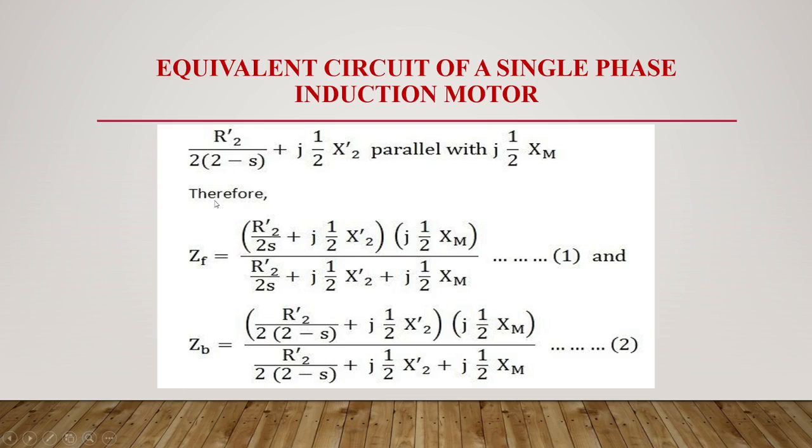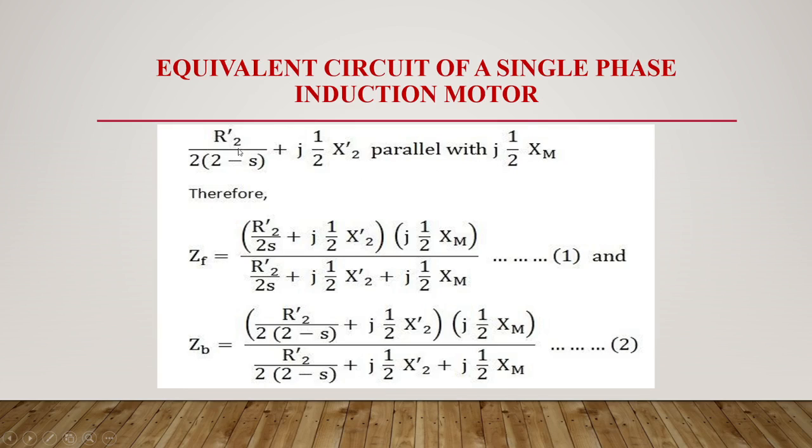So what can we write? Parallel means what? If two resistances or impedances are connected in parallel, how do we write the equivalent? R1 R2 by R1 plus R2, or if it is impedances, Z1 Z2 by Z1 plus Z2. So this entire term is in parallel with this term, so this into this by this plus this.